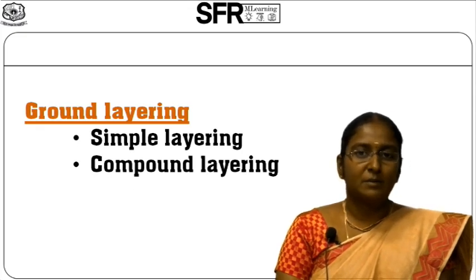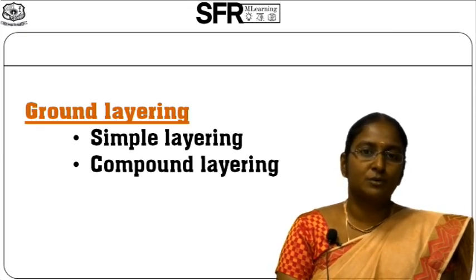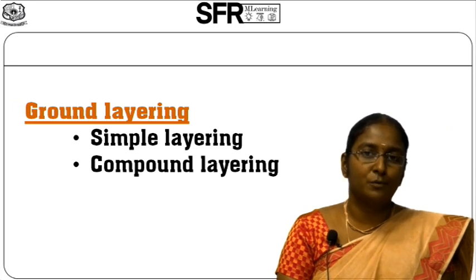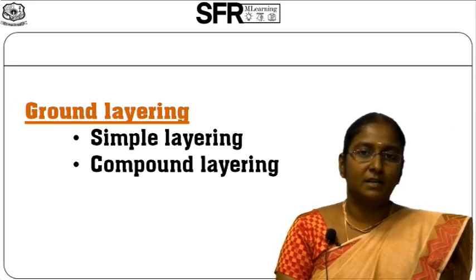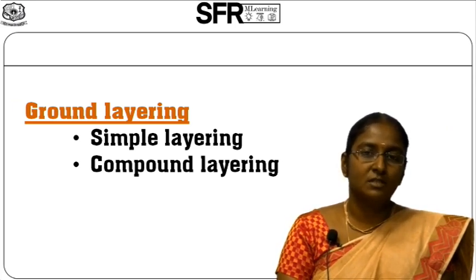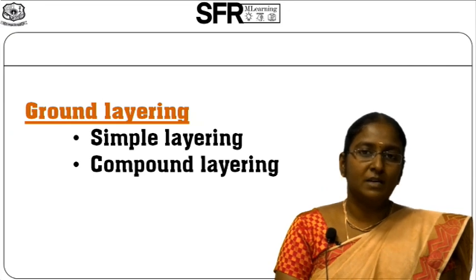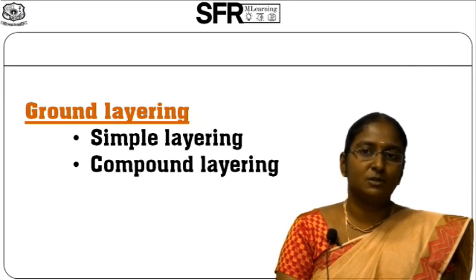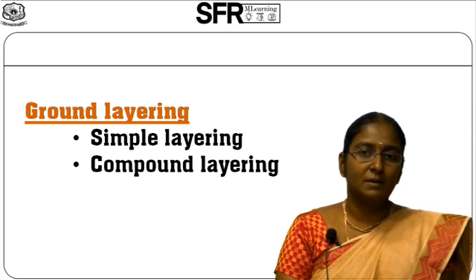Ground layering is basically classified into two types, simple layering and compound layering. In simple layering, we just need to bend the plant. The stem, which is very soft, tender and flexible, should be bent towards the ground, and the stem point that touches the ground should have nodes.